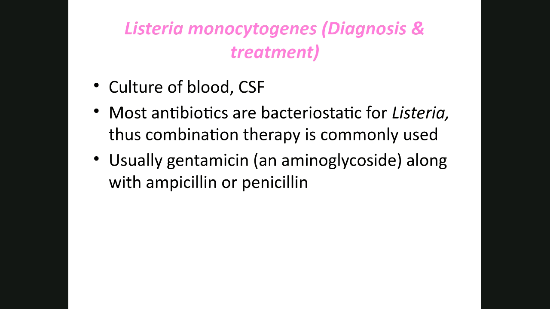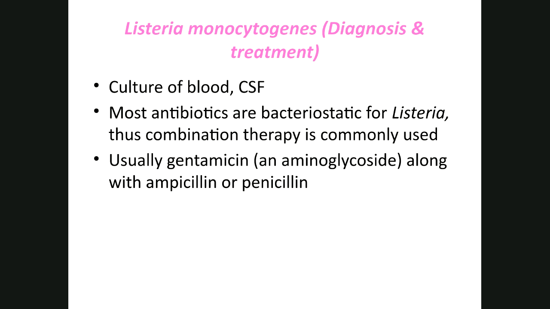Now, treatment of Listeria monocytogenes is difficult, as most of the antibiotics do not kill this organism. This organism doesn't respond to most of these antibiotics. Those against which it gives response are usually bacteriostatic.